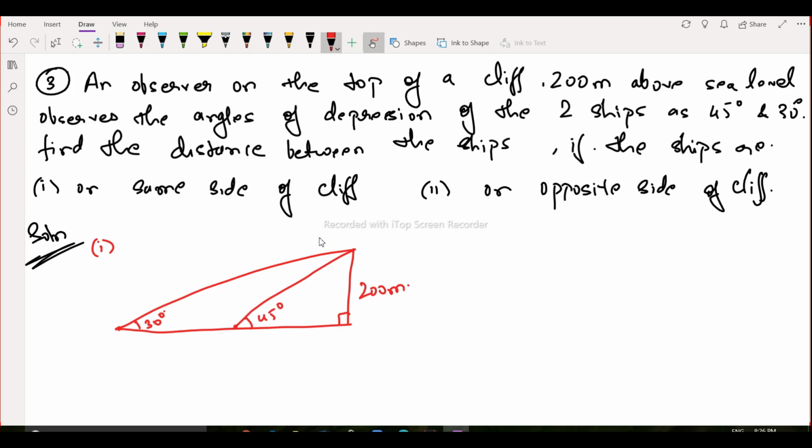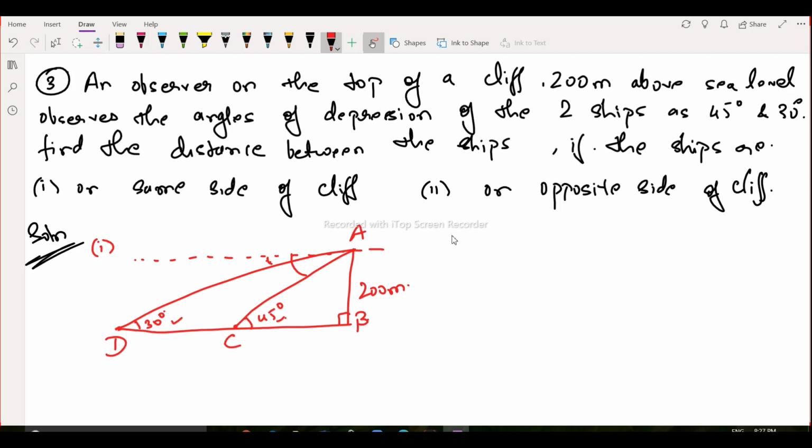So let's say the points are A, B, C, D, and as they said it's the angle of depression, so when you start off you'll get this as the angle of depression. So this one is 30 and the other one is 45, and through alternate angles we get these angles, right? So now we need DC.